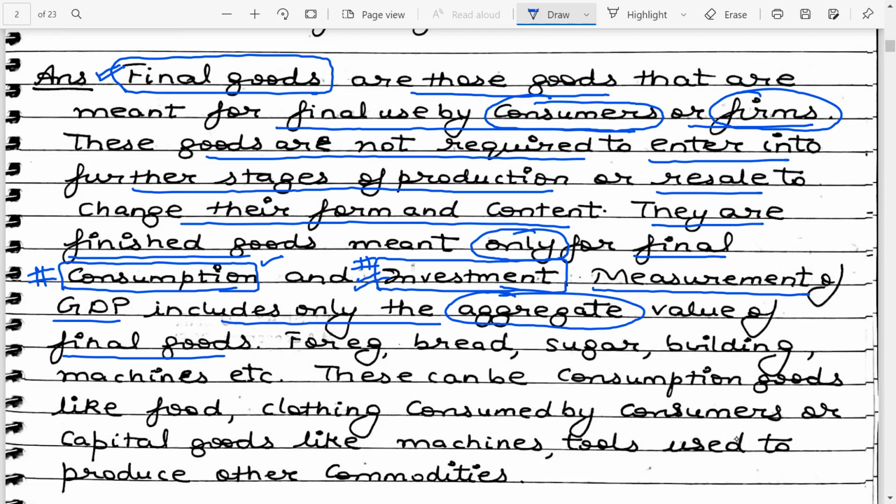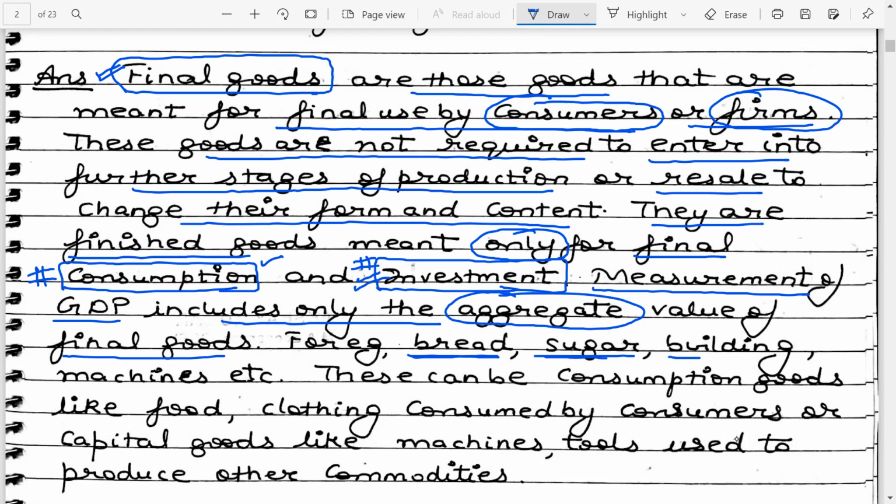For example of final goods would be bread, sugar. Now bread and sugar, recall from my lectures on circular flow of income and product, are non-durable consumer goods. Bread, sugar, milk, fruits, vegetables, these are non-durable consumer goods. They are not long-lasting. You cannot store them for longer periods of time.